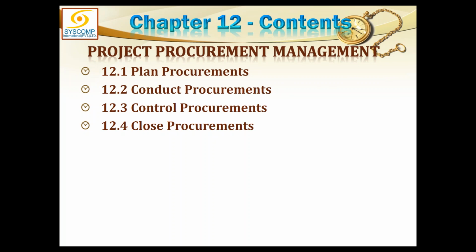As soon as you have decided that this is the part of the project which you want to outsource, you must create a statement of work. A statement of work is a document which describes briefly what you intend getting done from the subcontractor.